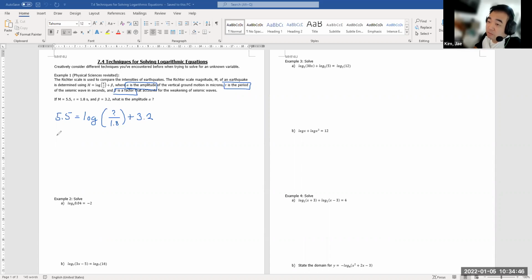Subtract 3.2 on both sides. This becomes 2.3 equals log of alpha over 1.8. And then what?